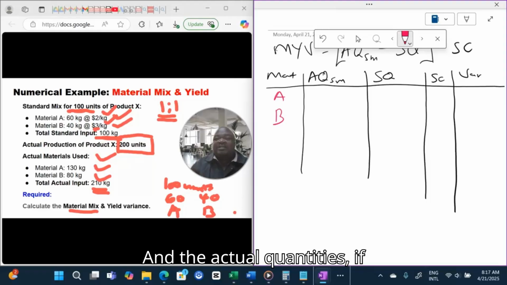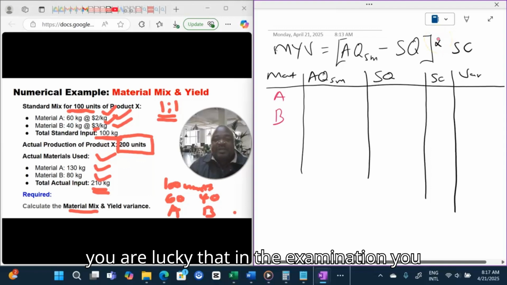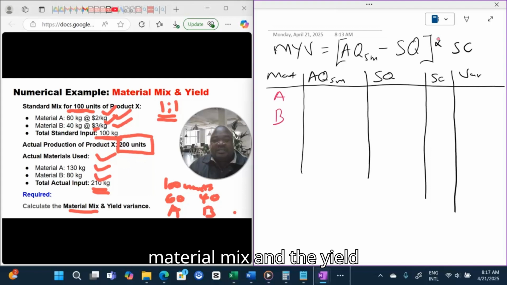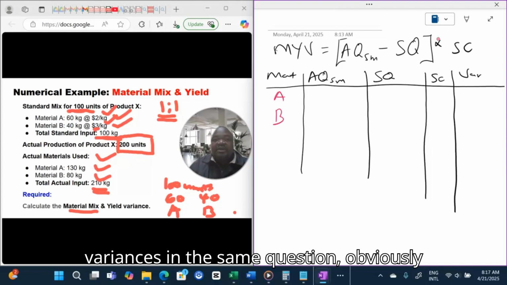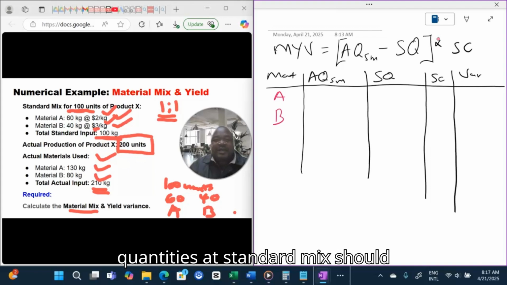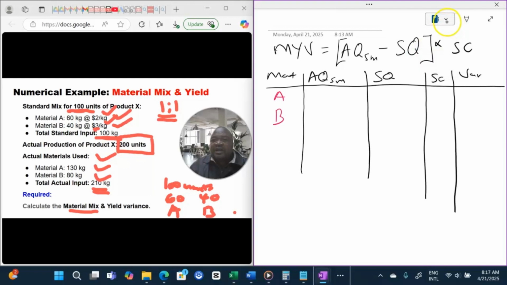And the actual quantities, if you're lucky that in the examination you are required to calculate both the material mix and the yield variances in the same question. Obviously, what you have obtained as the actual quantities at standard mix should actually be the same here. Okay, so what were the actual quantities in our previous computations, right?